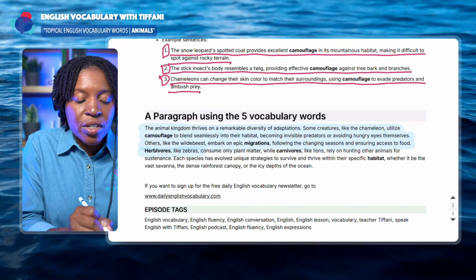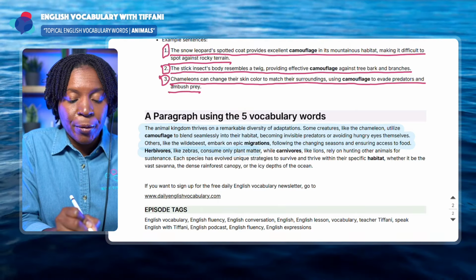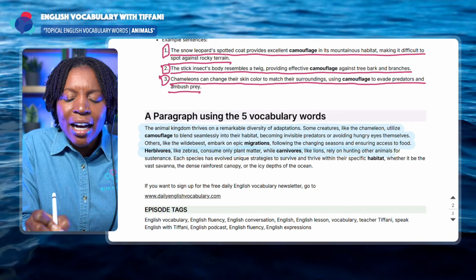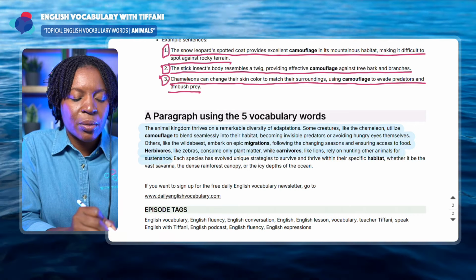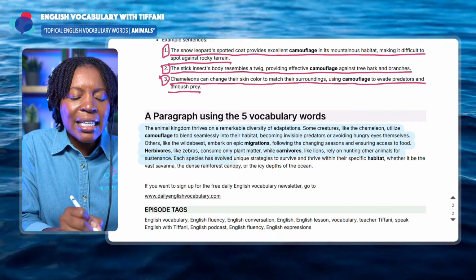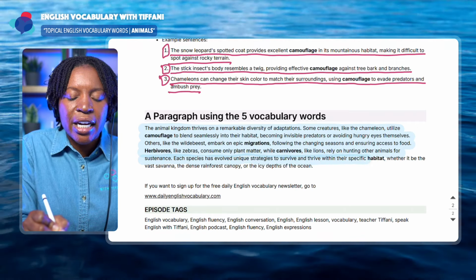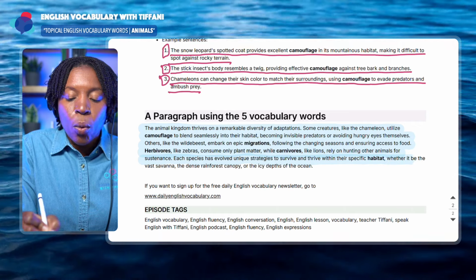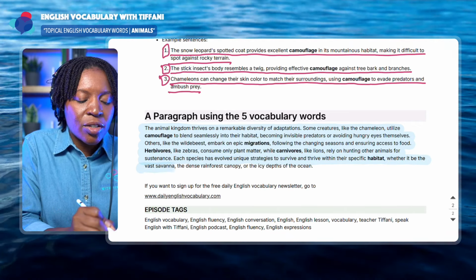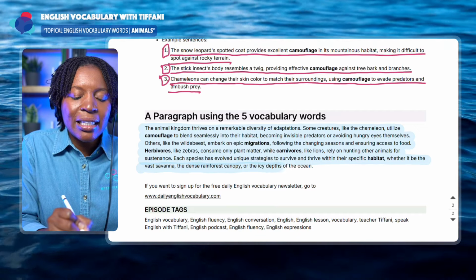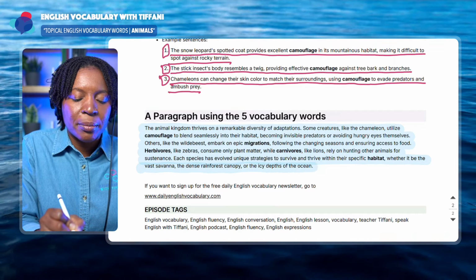Herbivores, like zebras, consume only plant matter, while carnivores, like lions, rely on hunting other animals for sustenance. Each species has evolved unique strategies to survive and thrive within their specific habitat, whether it be the vast savanna, the dense rainforest canopy, or the icy depths of the ocean.